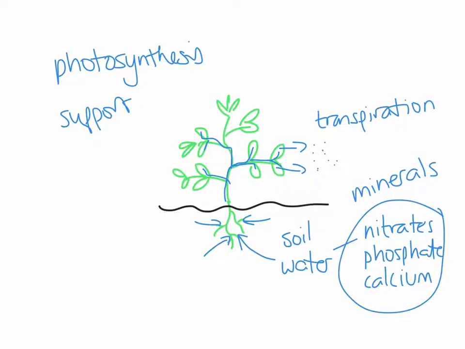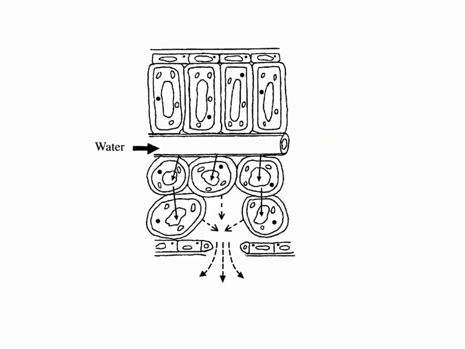Now, if we look at a diagram section through a leaf, so if we were to take a leaf and cut through it, you're going to see a very thin layer, and what we've done here is just take a little cross section of that. So, a little bit of revision.